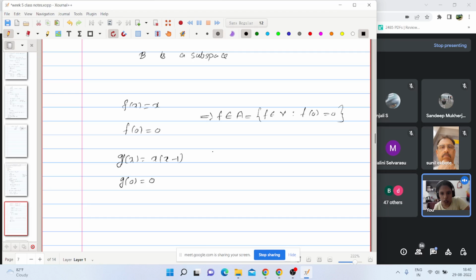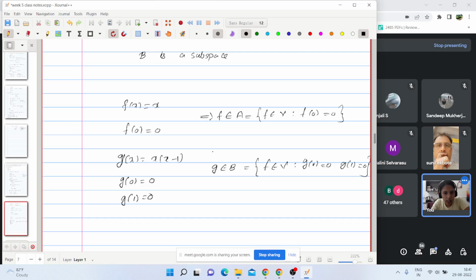This g satisfies both conditions, but g is not a constant function. This is not the set of all constant functions or the set of all zero functions. The only thing is the value at 0 is 0 in the first case, and the value at 0 is 0 and the value at 1 is 0 in the second case. Is this okay? Yes, ma'am. Okay. So let us go to the next problem.